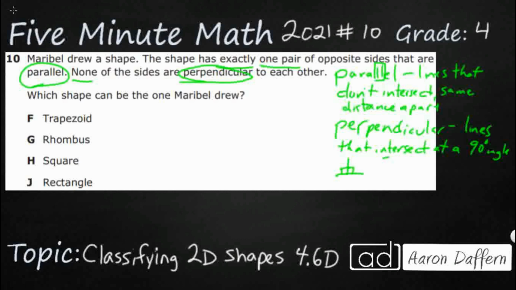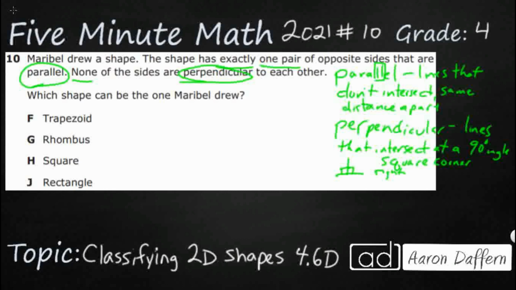I like to think of perpendicular lines that form a right angle or a square corner. So we could call it a right angle, we can call it a square corner, but perpendicular and right angle are tied together because the perpendicular lines form a right angle.